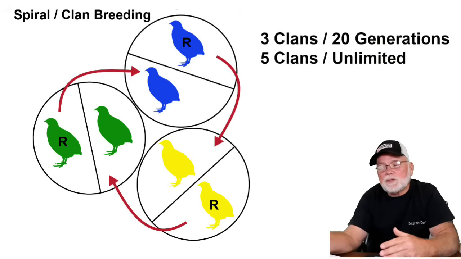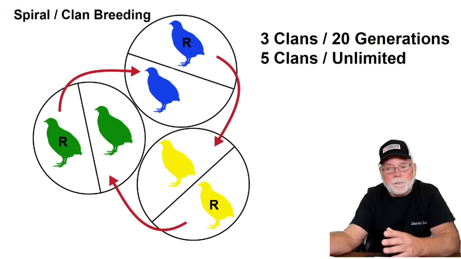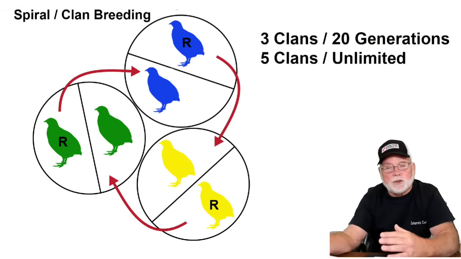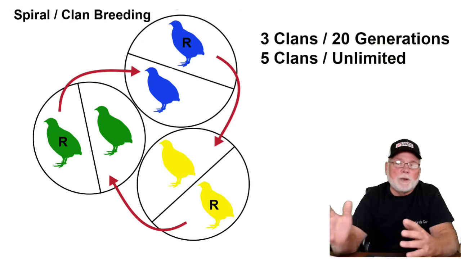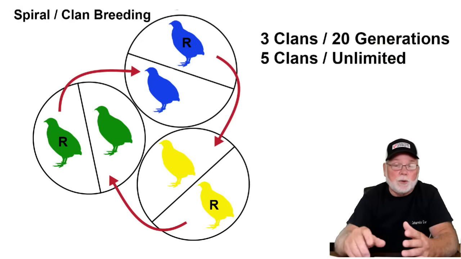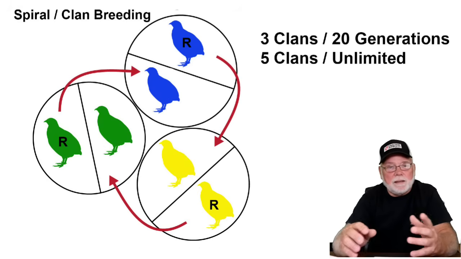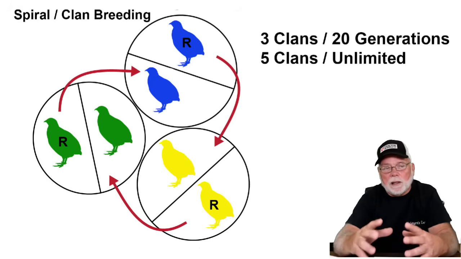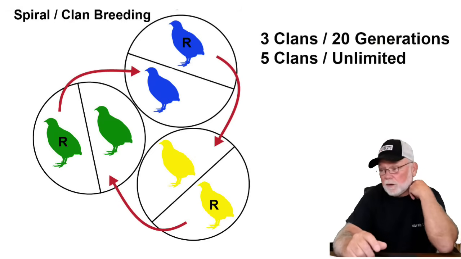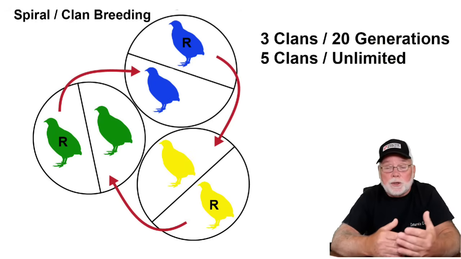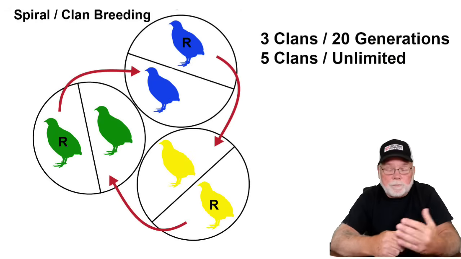You can always take a pharaoh from one of your other lines. You're not going outside of your operation to buy clean lines. You just grab a pharaoh from your pharaoh line and introduce him, and he's going to introduce new blood, new genetics, yet you still keep that fawn line going. So you can always use the pharaohs to add new blood to your program.